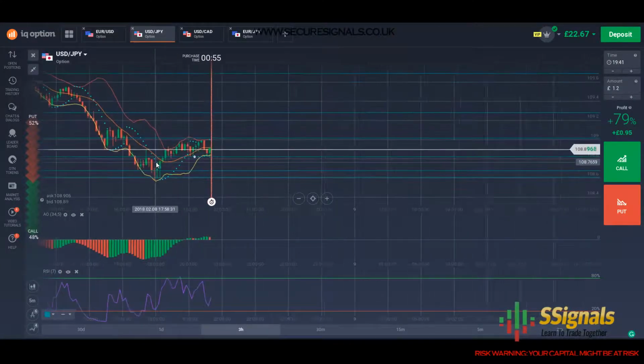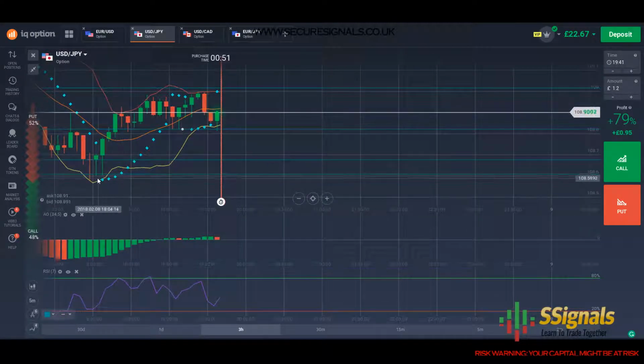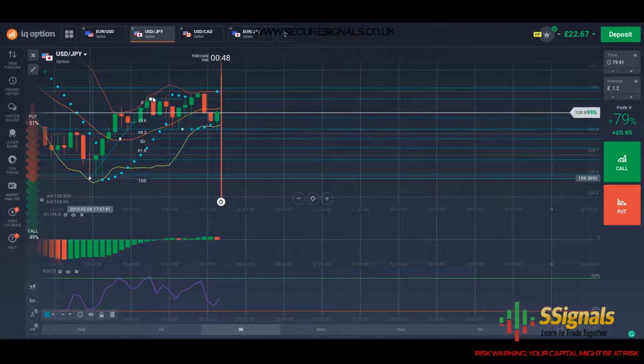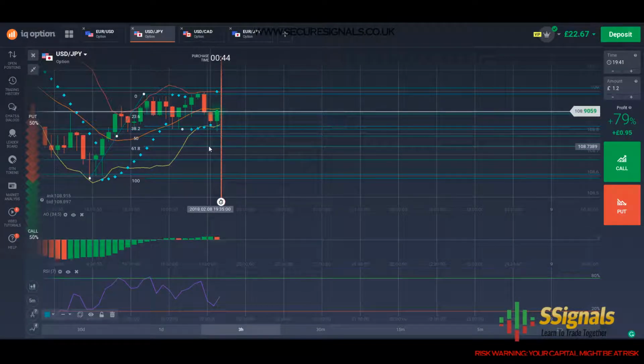Okay, so the overall trend is still downtrending, so that's what you got to look at. It's still a downtrending market. If I draw a leg here, as you can see, it's been reversing because it's within the fib retracement area.